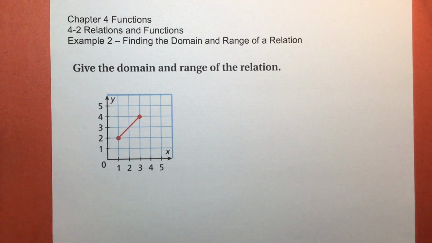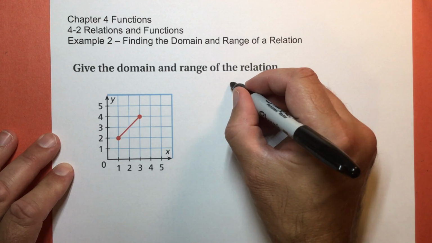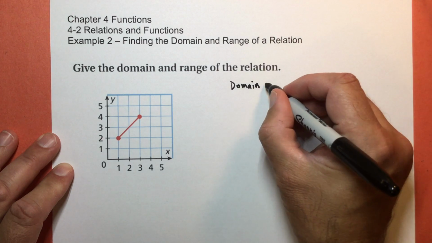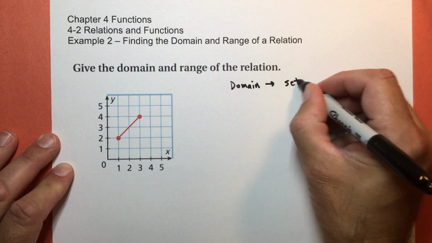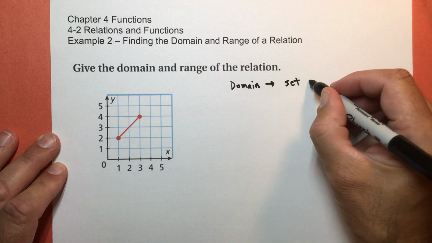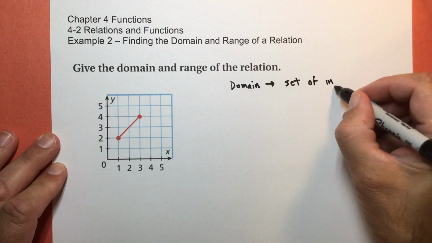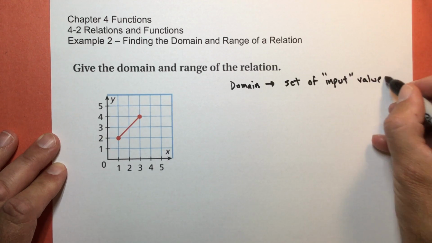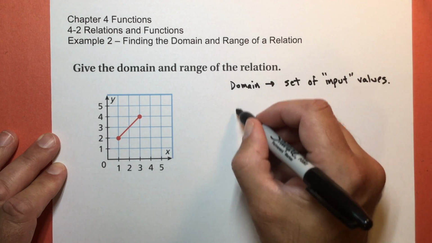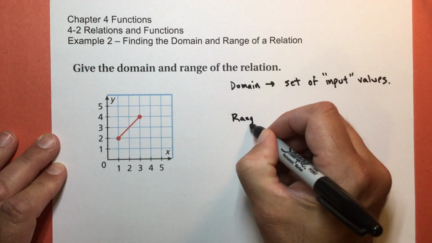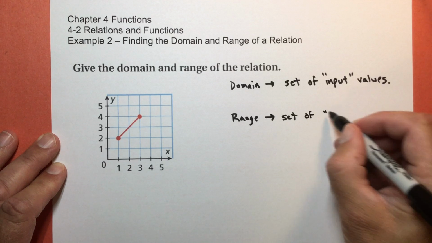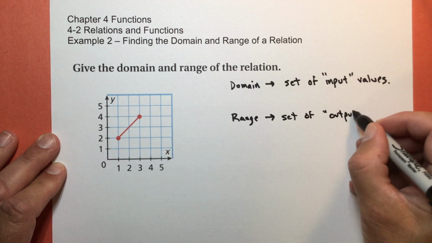Okay, so let's go back. What do I mean by domain and range? Well, one way to describe the domain is the set. And remember I said in the last video, a set is a collection of all of the input values, where the range is the set of the output values.